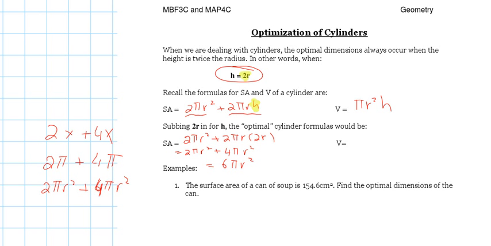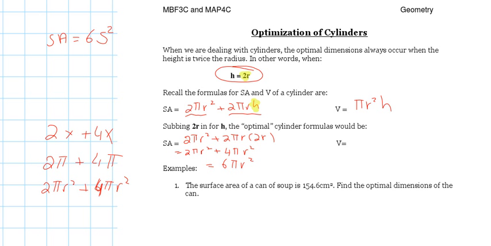So that means it's like the area of 6 circles, right? Does this remind you of anything? What was the surface area of a cube? 6 s squared, right? So it's the area of 6 squares. For a cylinder, it's 6 times the area of a circle.